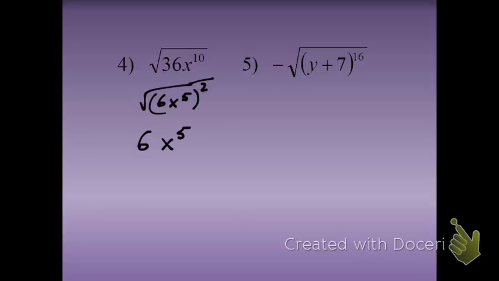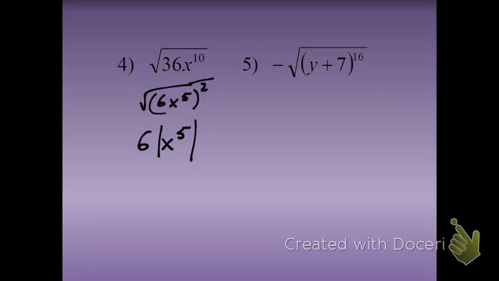But notice here, you had an even index of 2, an even power inside the radical of 10, and an odd power outside the radical of 5. So this is an example of the even, odd that we were talking about at the beginning. This one, the x to the 5th, needs the absolute value bars around it. They have to be there. There'll be points off if they're not there.